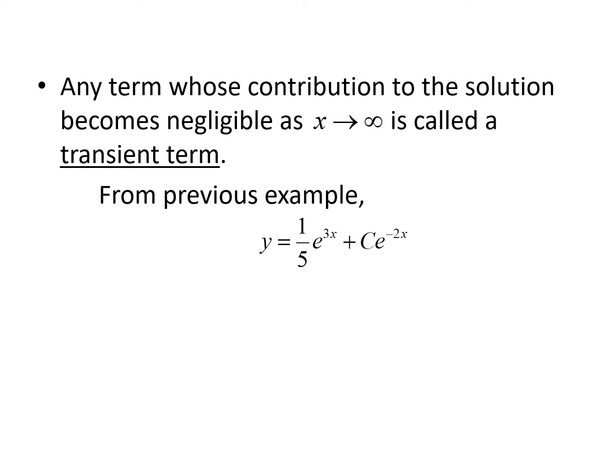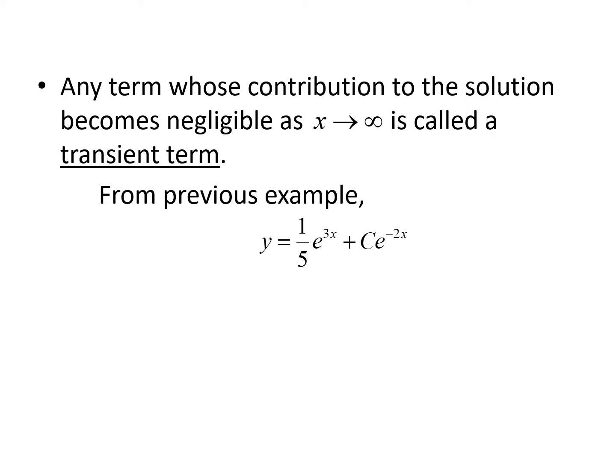So from our previous example, if we think about that solution, y equals 1/5 e to the 3x plus c times e to the negative 2x, if we let x tend towards infinity, so if we let x get really, really large, 1/5 e to the 3x is going to get really, really large.